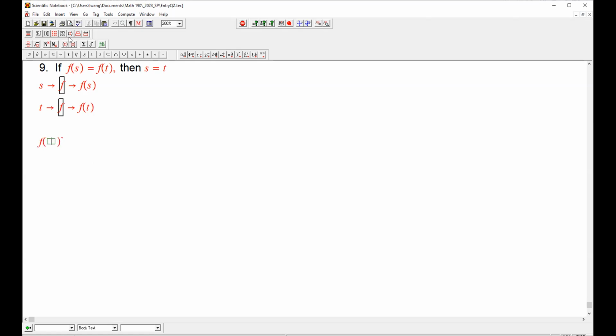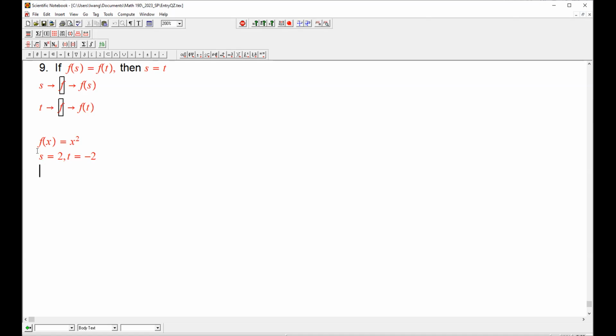For example, if I use the function f of x equals x squared, it will give me s and t. For example, my s will be 2, my t will be -2.